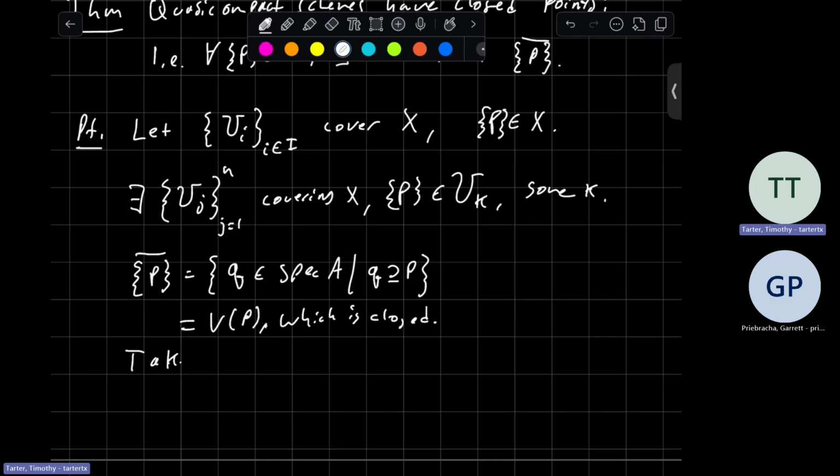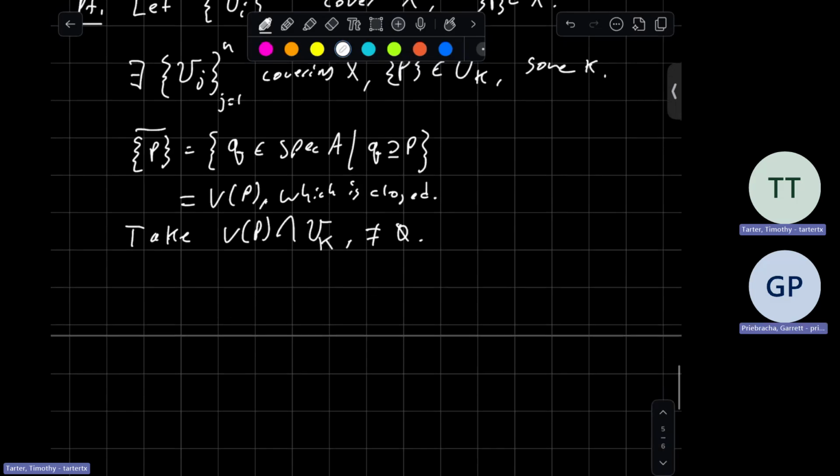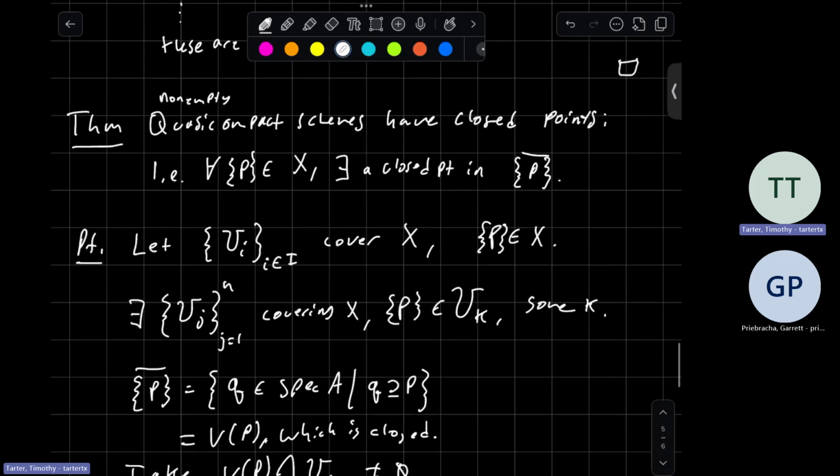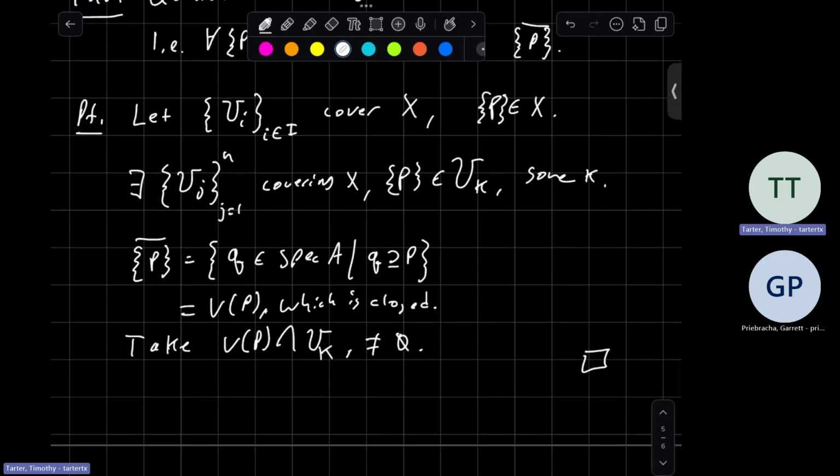And then take V(p) intersect U_k, which is not empty. And then that's the proof. And that does work.